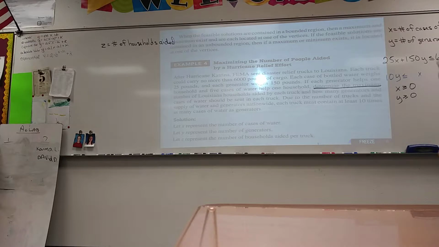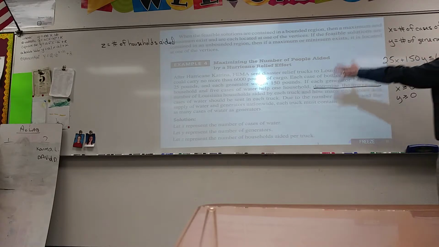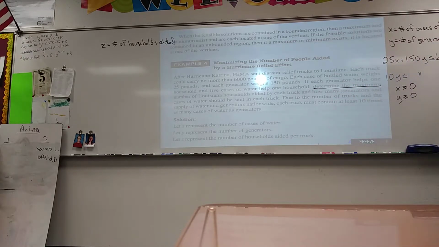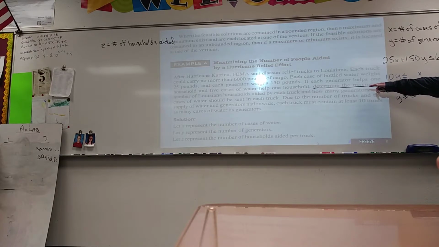What's our goal in these types of problems? Find the max or find the min, exactly, one of the 2. So somewhere in the problem is going to be something that tells us maximum, minimum, greatest amount, least amount, highest, lowest, whatever. That tells us right there, this is your objective function.